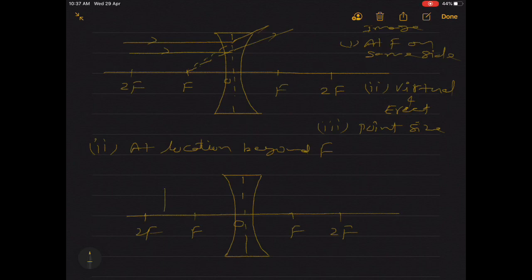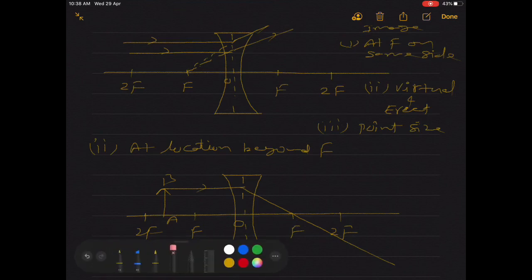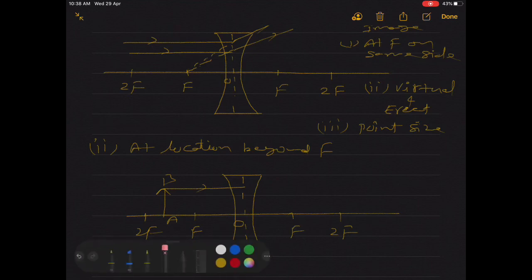Let me take the object between f and 2f. And this is AB object. The first ray is parallel to the principal axis. This ray will pass through the focus after being refracted from the concave lens.